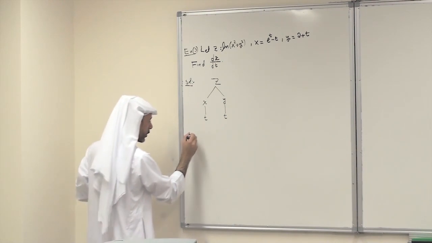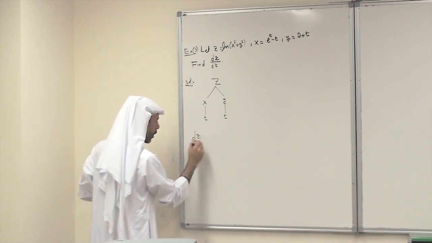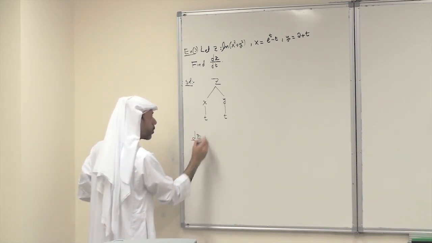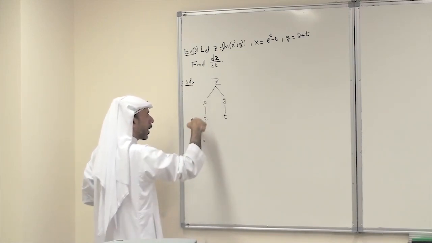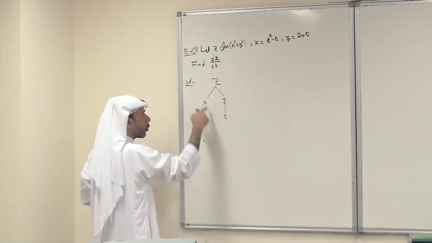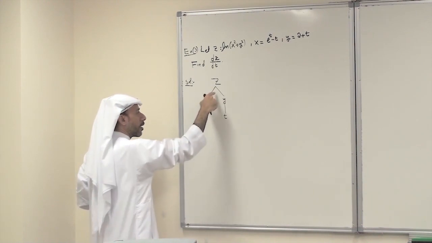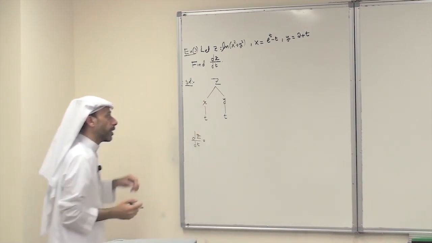To find dz/dt, again we can go from z to t through the two paths, through x and through y. So we find the derivative through the first path, through the second path, and then we add them.